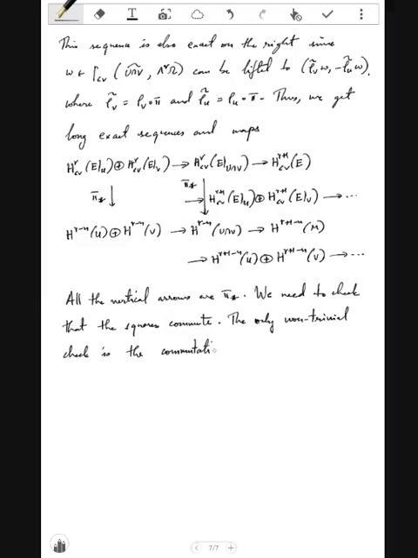It's the commutativity of, let's call this delta tilde. Let's call this delta.